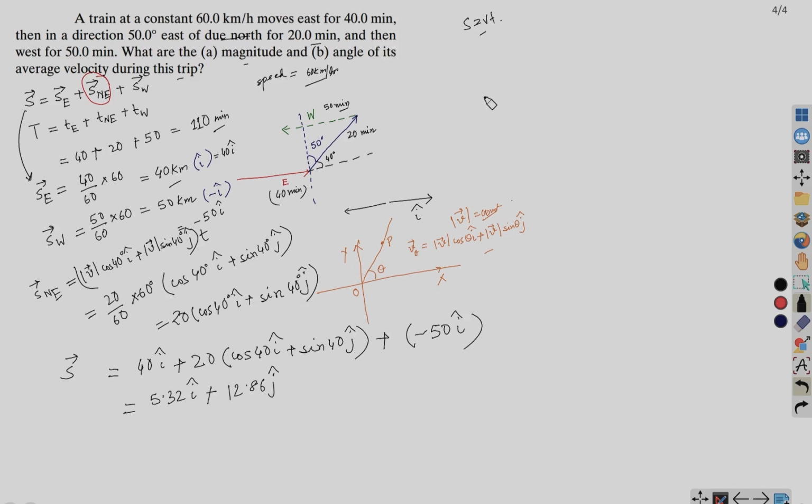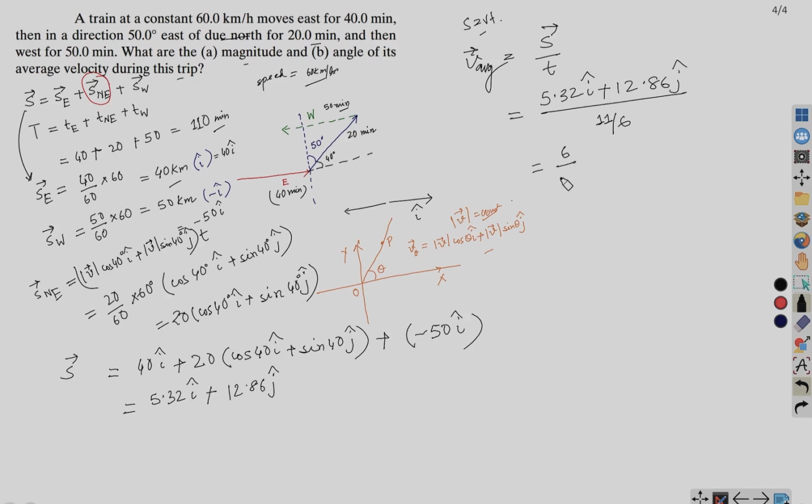Therefore, the average velocity is S vector by t, and we obtain our S vector as 5.32 I cap plus 12.86 j cap, divided by t, and our t is 110 minutes, right? And 110 minutes means 11 by 6 hours.